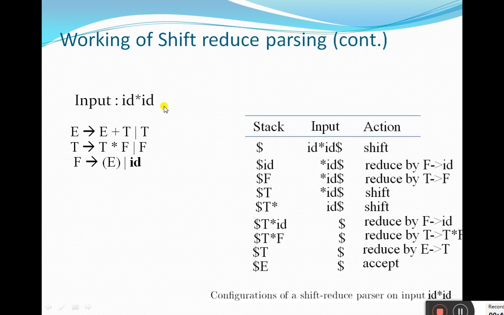Start from the first configuration, $ empty stack, input open parenthesis id plus id close parenthesis star id $. The first action is always shift, shift the open parenthesis onto the stack, and decide whether the next action is to be shift or reduce. Accordingly you should let the shift reduce parser move from one configuration to another configuration.